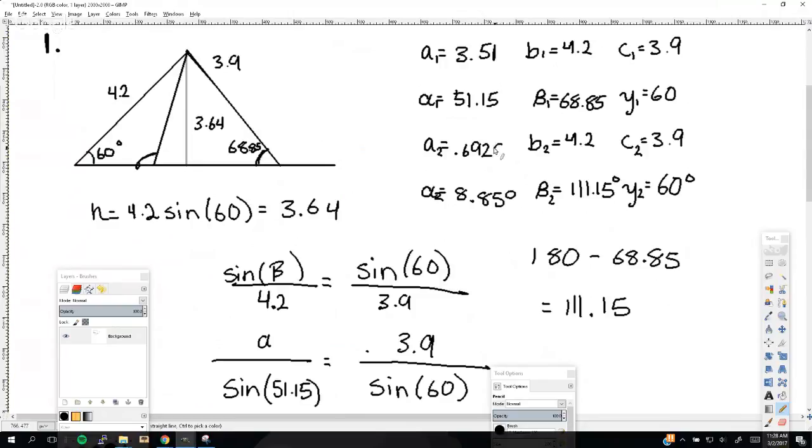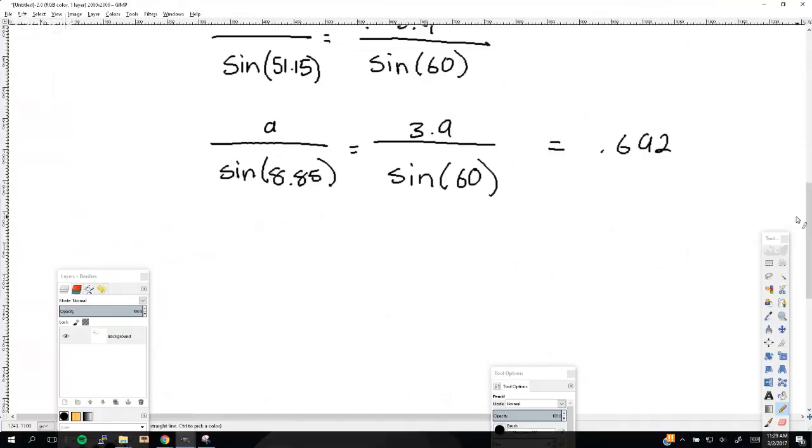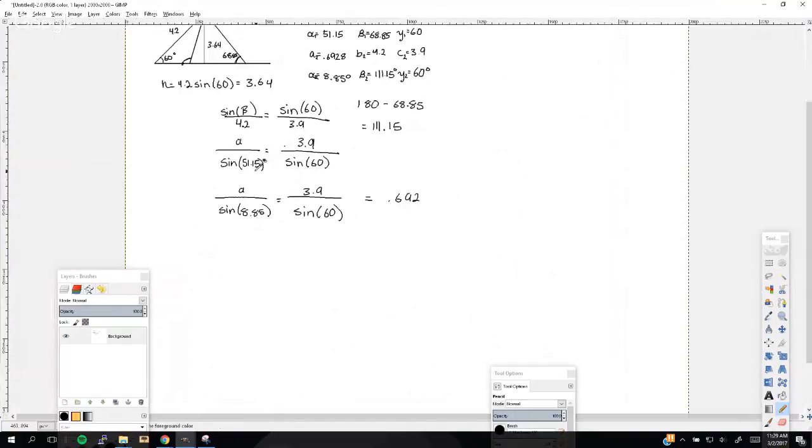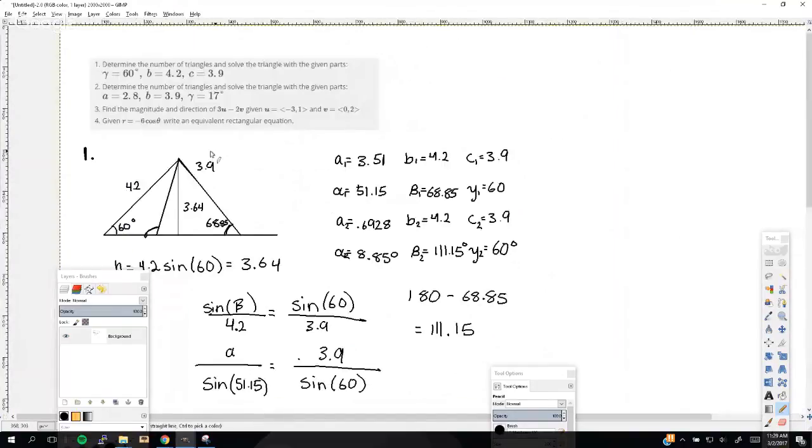Honestly, I don't know what else to do on this stinking thing. Yeah, it just means that this side right here would be teeny. So I guess it would make sense in a way. Let's go with it. I don't know what else to do. I'm fine with that.